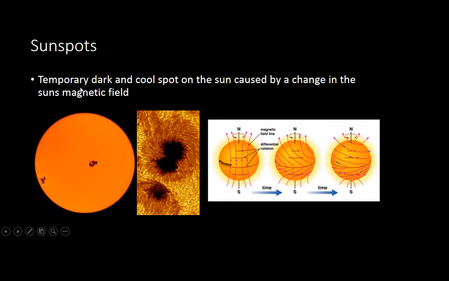These temporary dark, cool spots on the sun are caused by a change in the magnetic field of the sun, and it gets super complicated, so we're just going to say that something inside of the sun is changing, and that kind of works its way out of the sun, and it causes sunspots as it works out.